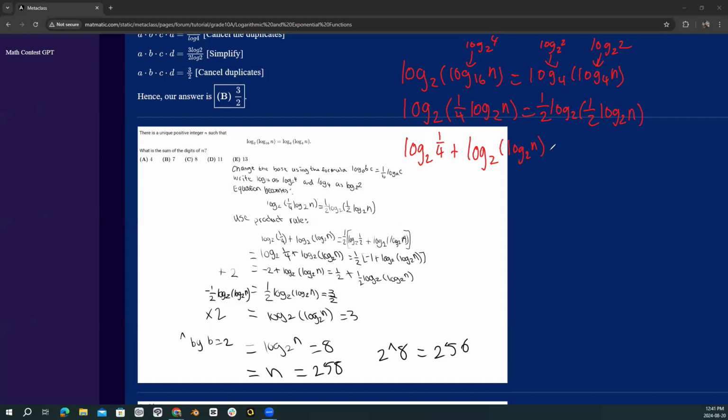Okay, and then our other side of the equation would become 1 over 2. I'm going to put brackets here because it might be a little confusing.